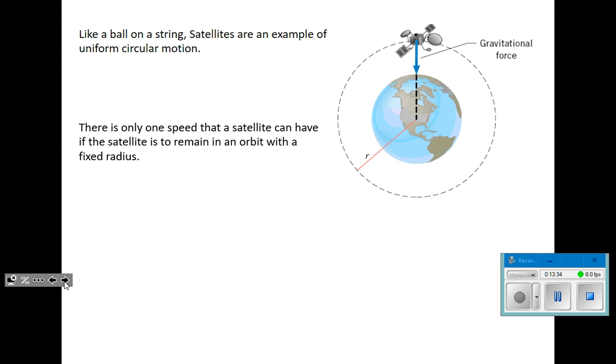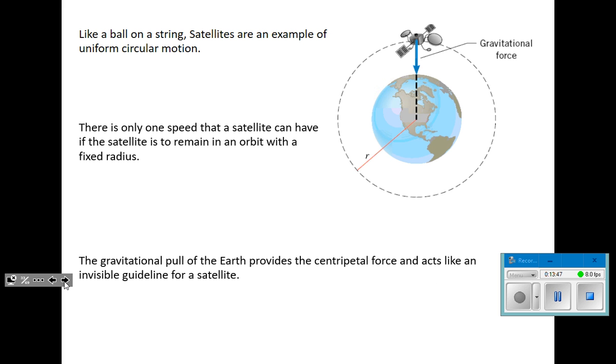Actually, all of our communication satellites are like this because they need to be in one location so that we can have our cell phones. Satellites work this way. The gravitational pull between the Earth and the satellite is what creates the centripetal force, so it acts like an invisible guideline or wire between the satellite and the Earth.